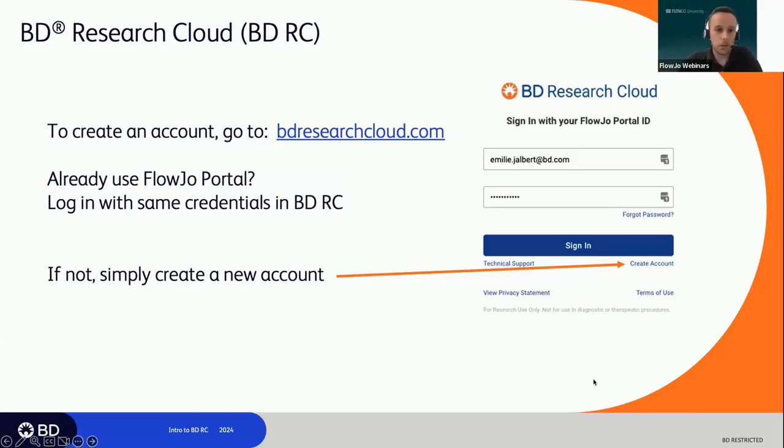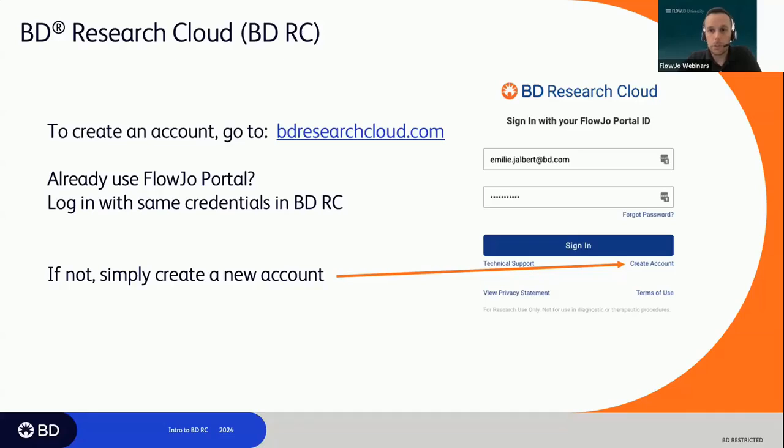If you don't, you just click on create an account over there, and you will create a BD Research Cloud account. BD Research Cloud is free for use for a small group of users, up to 5. If you need more storage, or if you need to have BD Research Cloud for a bigger institution, just contact us, and there's going to be some fees associated to it.